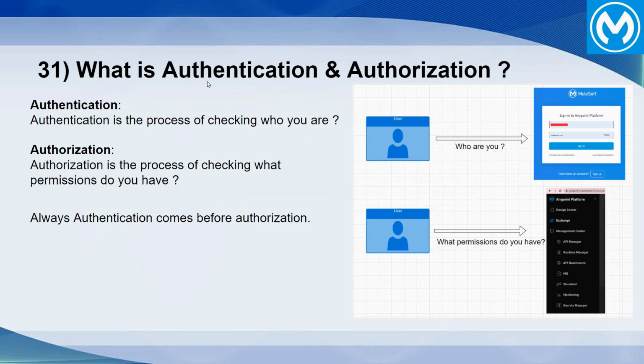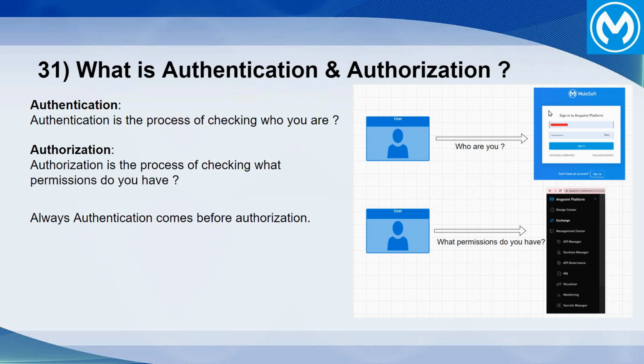The first question is, what is authentication and authorization? Authentication is the process of checking who you are. Authorization is the process of checking what permissions you have. If you see here, this is the user and he'll log into the Anypoint platform. So he needs to have the credentials, and that is what we call authentication.